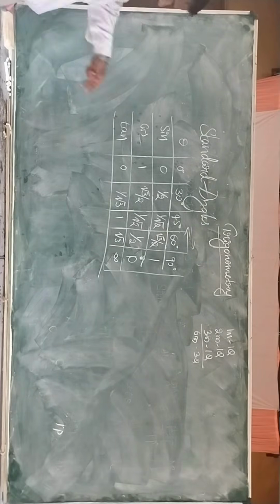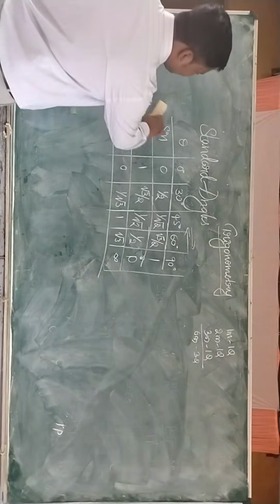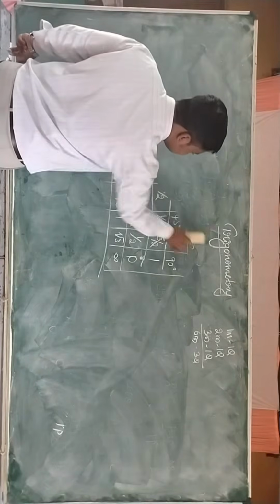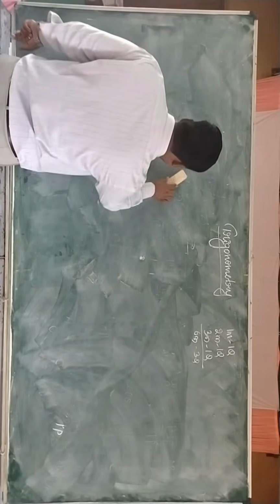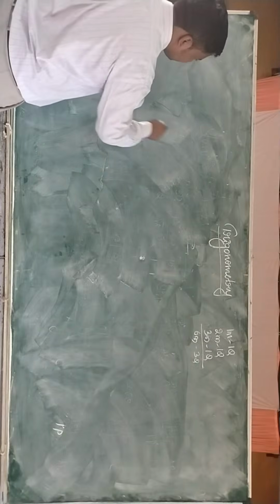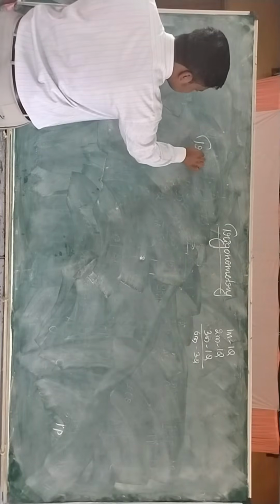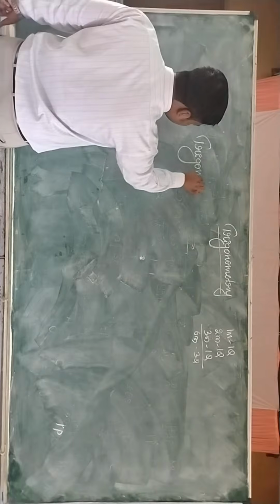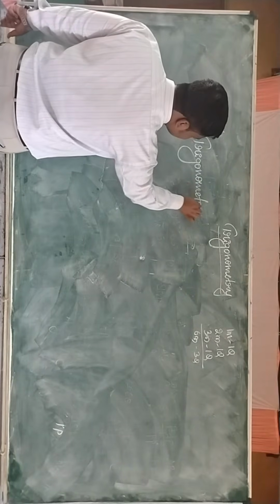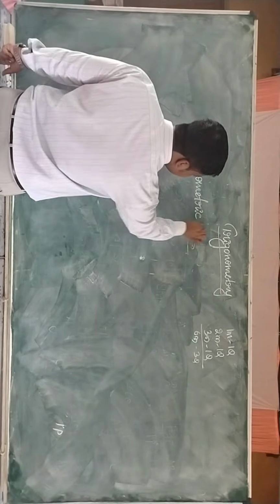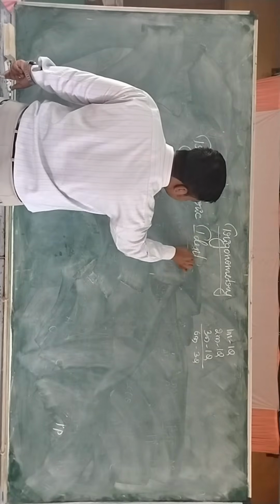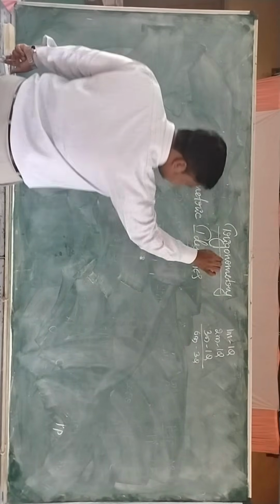Okay. Then after this, trigonometric identities. Three identities are there. Trigonometric identities.